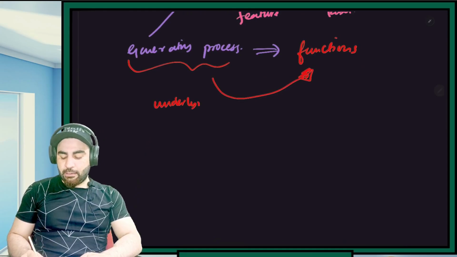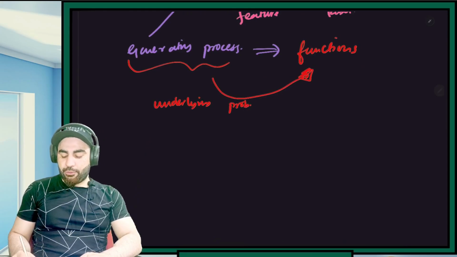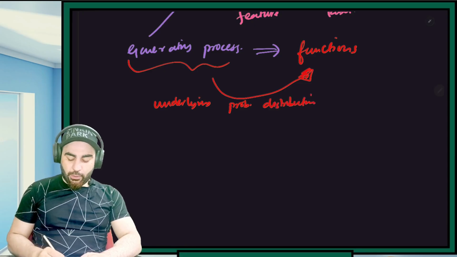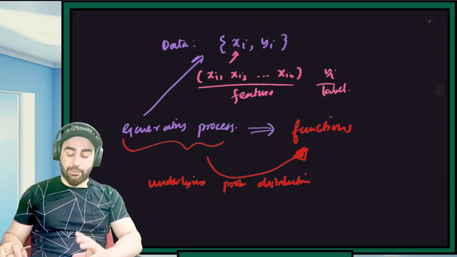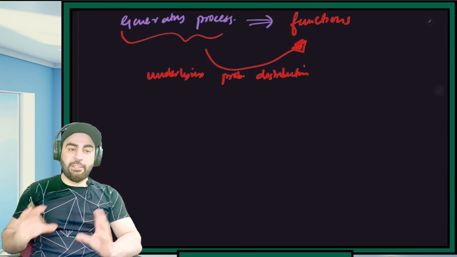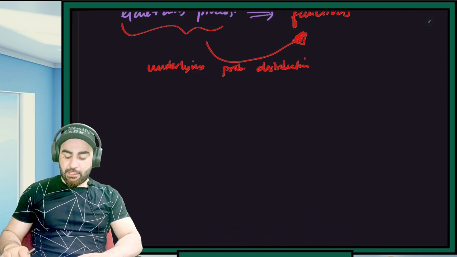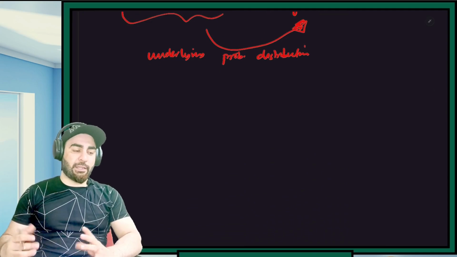Now, you have these features, x, and the corresponding labels, y. So we know that these features are somehow related with these labels because of that underlying process, because of the underlying distribution that we have.